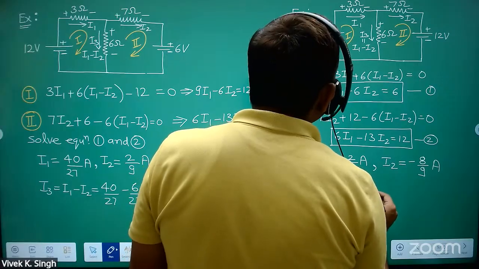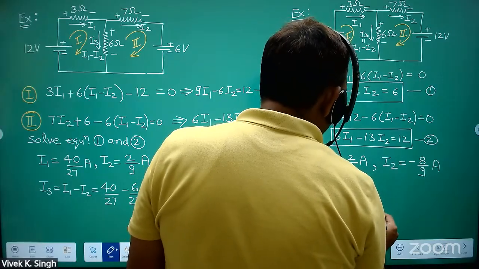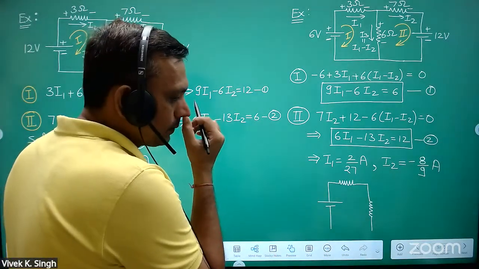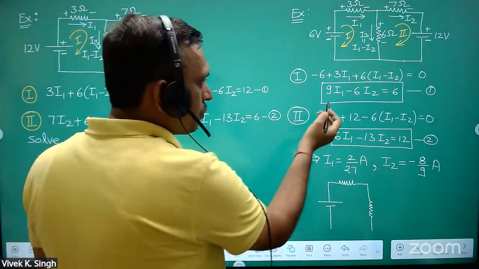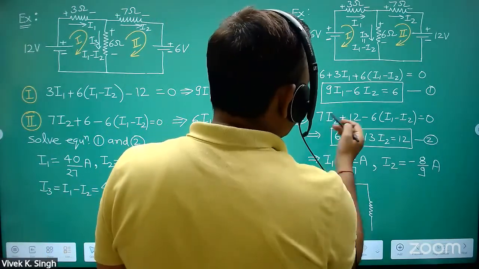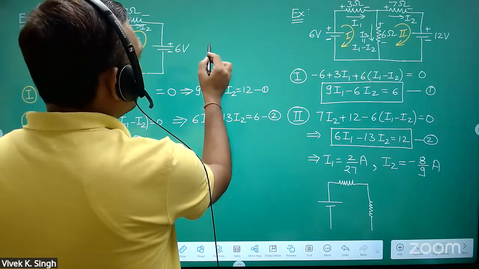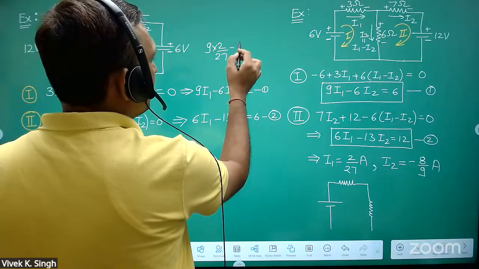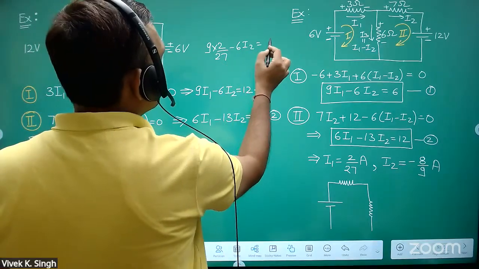This is 3 ohm. Sir, is I2 minus 8 by 9 or 8 by 9, sir? Minus 8 by 9. Please check. If you solve these two equations, I2 will be minus. Put I1 as 2 by 27 and then check the value. Just see, 9 into 2 by 27 minus 6 I2 is equal to 6.